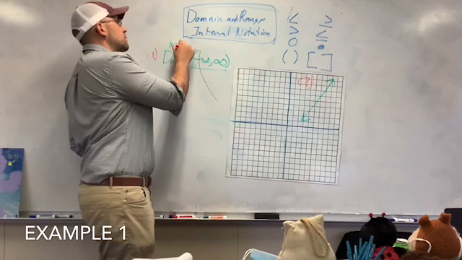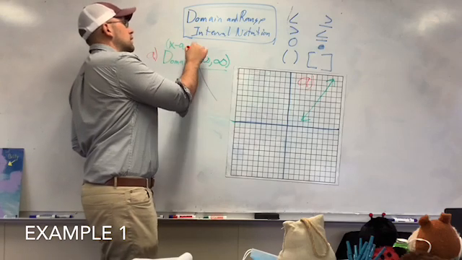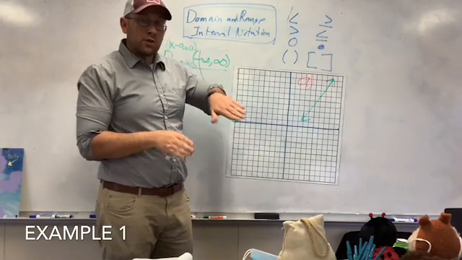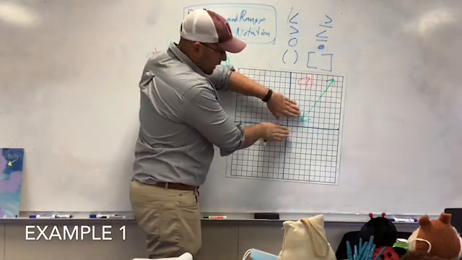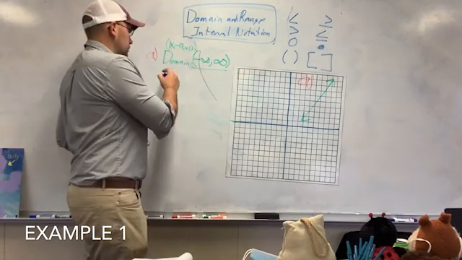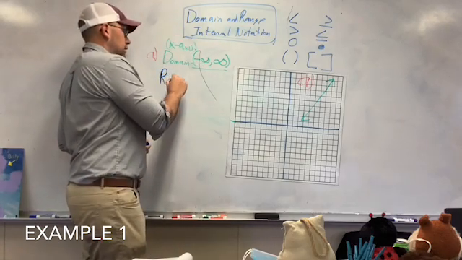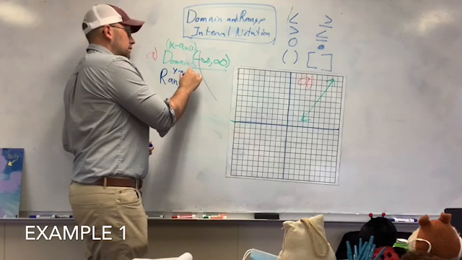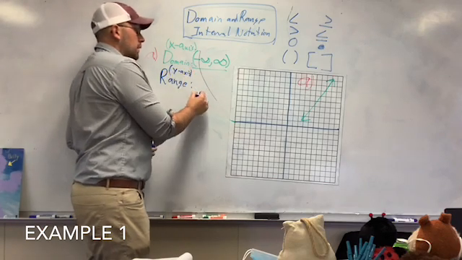Now where people usually get messed up here is you start thinking about the y-axis. Think about it in two separate sections. The domain is just the x-axis, and then you have your range, which is your y-axis.